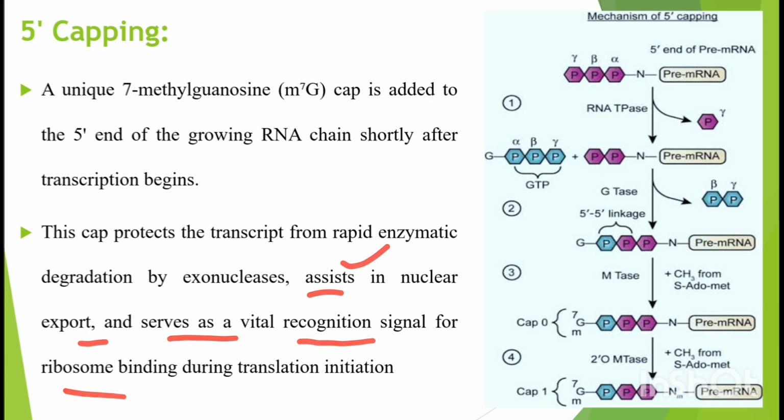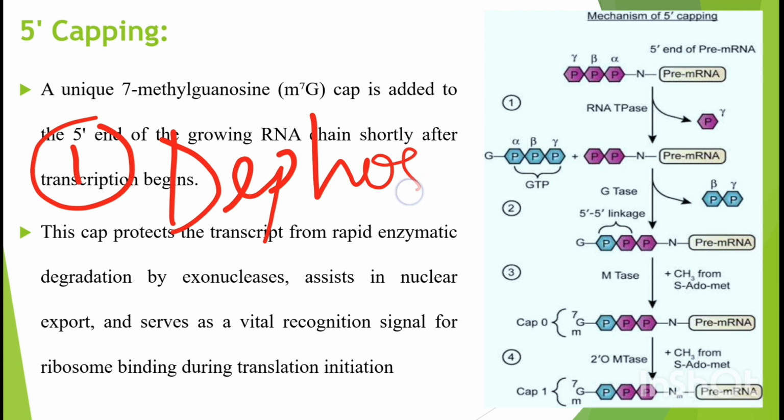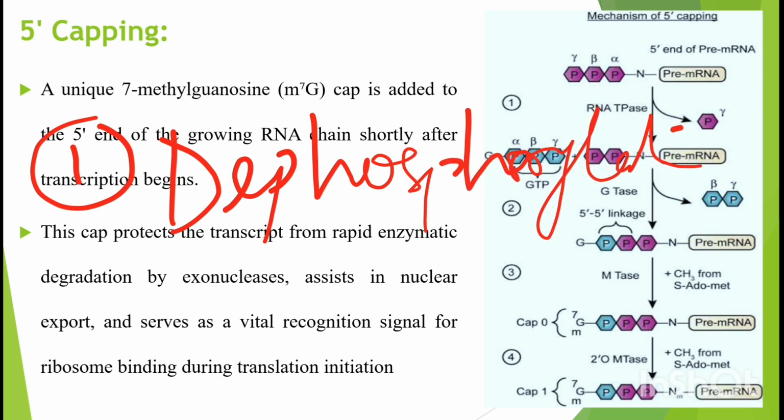So it is very necessary. Now what are the steps of 5' capping? Remember, the first important step is dephosphorylation, that means a phosphate group is detached from the main mRNA.